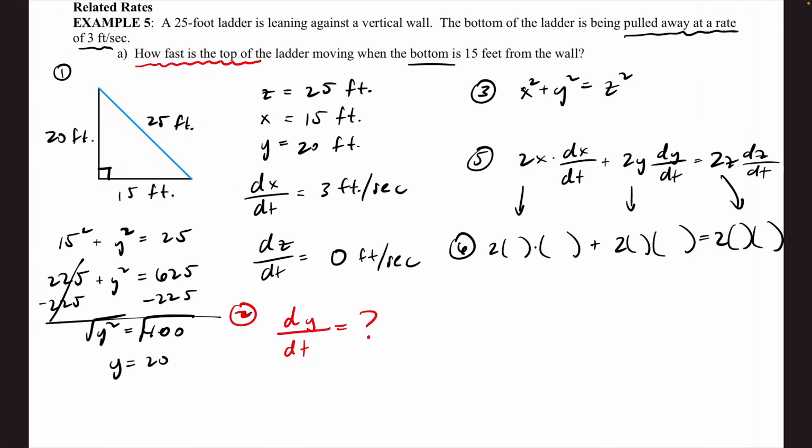So x is 15. dx over dt is 3. y is 20. dy over dt, we don't know. z was 25, and then dz over dt was 0, right?